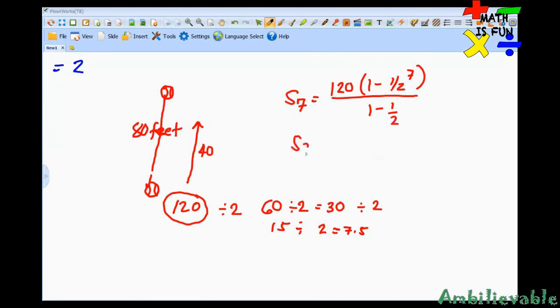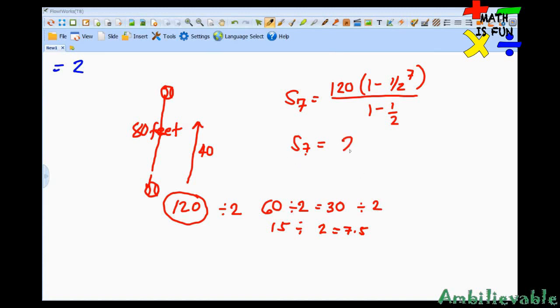Will you get the value in your calculator? JL, what's the value? Half. Sir, the answer is 1,905 over 8, or in decimal, 238.125.